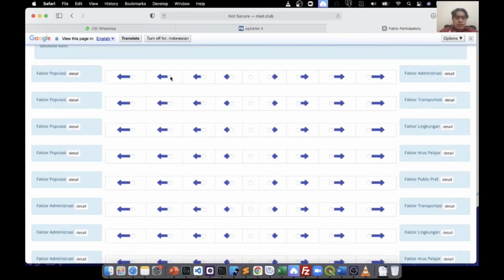The judge chooses more important is population factor here, and population factor vs transportation. If the judge prefers more transportation factor here, so this one will just be the option for pairwise from administration factor to transportation factor here.